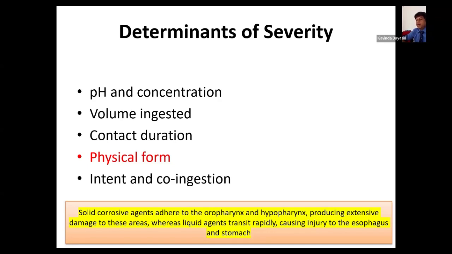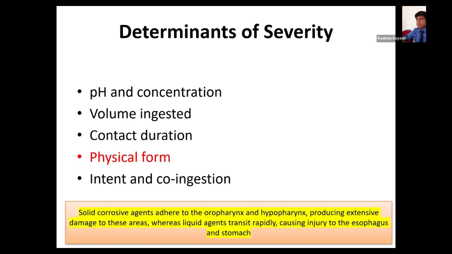For example, if you ingest a solid corrosive agent, it mainly gets stuck in the upper GI tract, including the oropharynx and hypopharynx, and produces more extensive damage to the upper part of the GI tract, whereas liquid agents can transit rapidly, causing injury to the esophagus and the stomach.